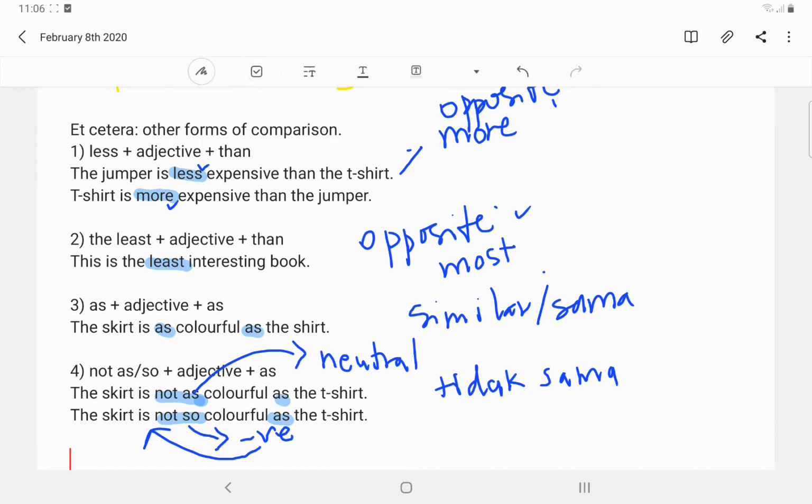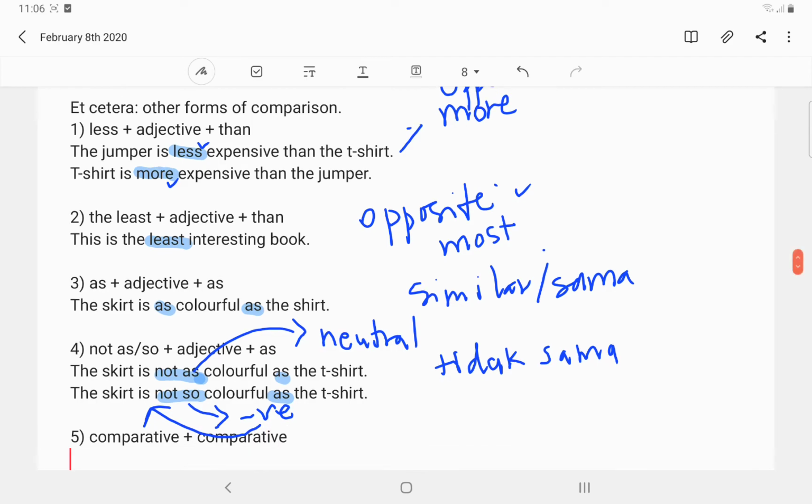And then moving on, we're going to go to the fifth one. Comparative plus comparative. Contoh, the car is getting faster and faster.